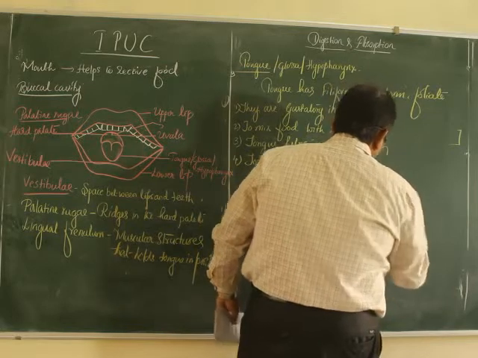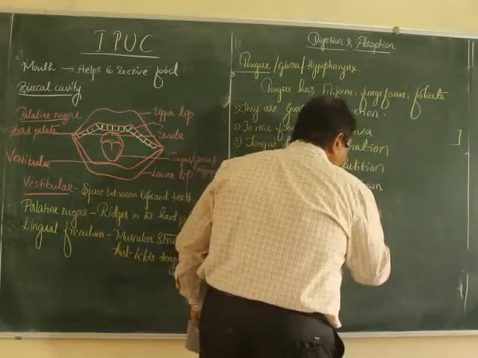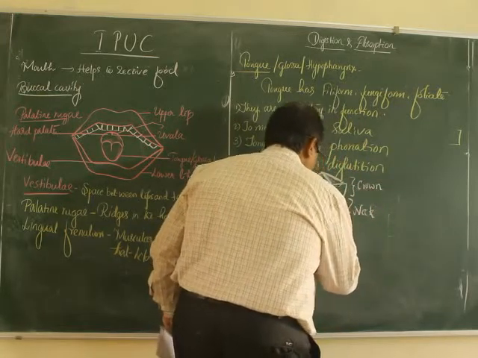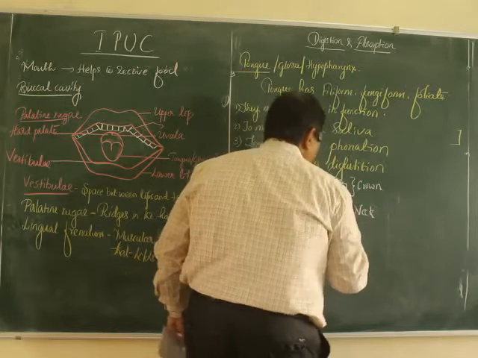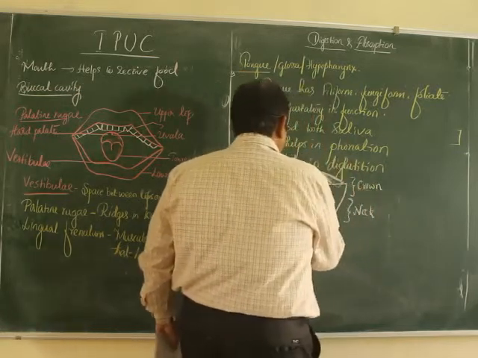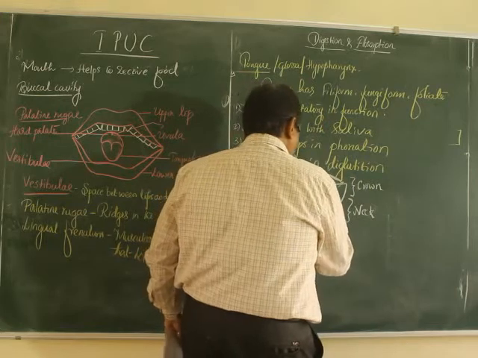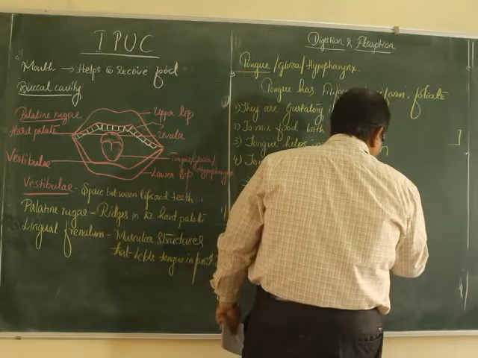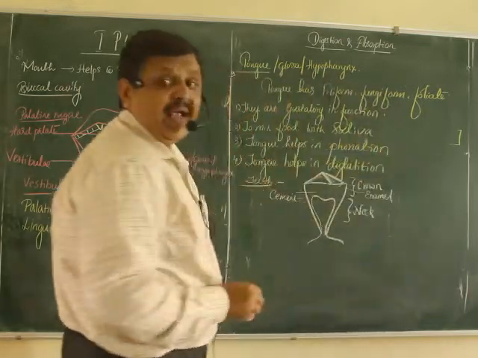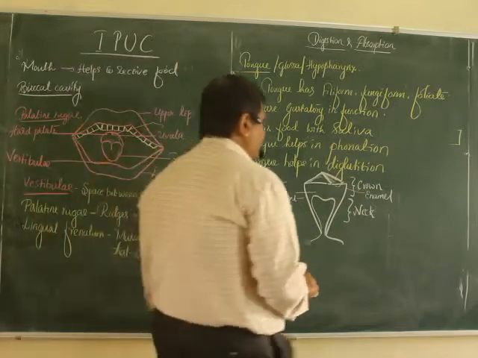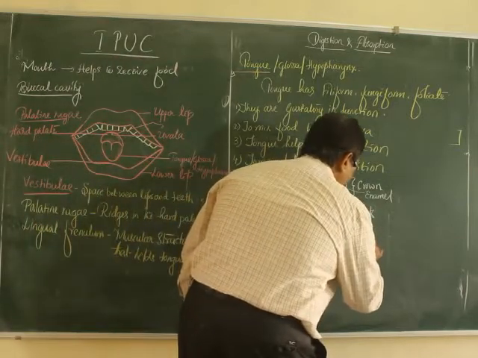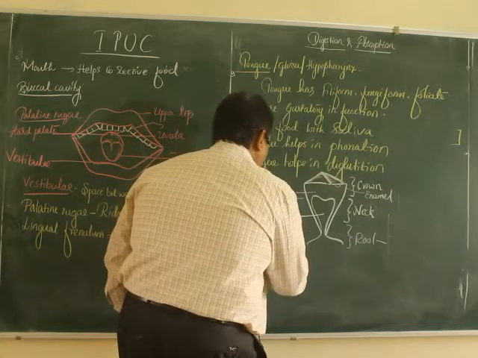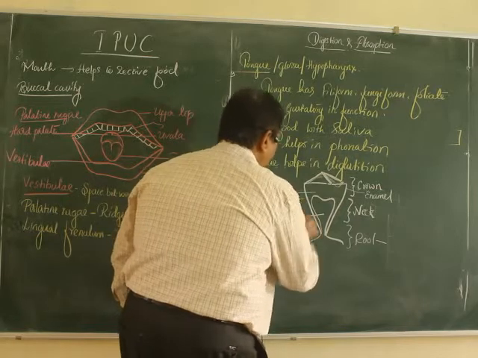This is the neck part. And this is cement. The shining part of the teeth is called enamel. Then this part is called root. This cavity is called pulp cavity.